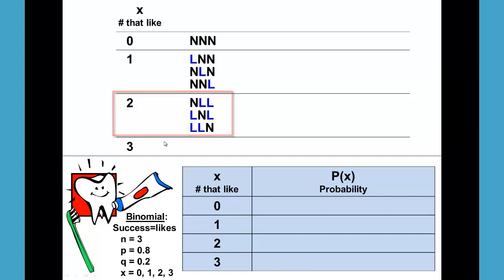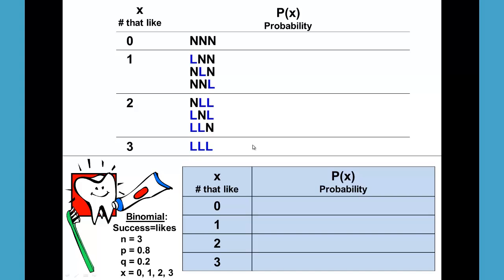And if all 3 like the toothpaste, we have the 1 option of like. So we have all of these ways that we can select the 3 children, and we've just listed all of those ways out. Notice that this would get cumbersome if we had a number of trials that was larger, but for this problem it's very manageable.